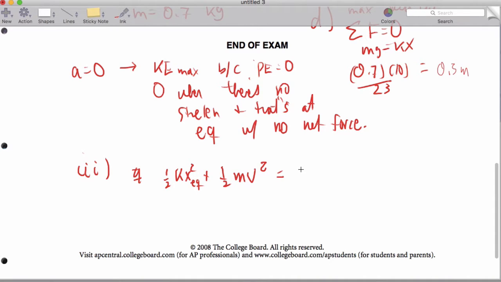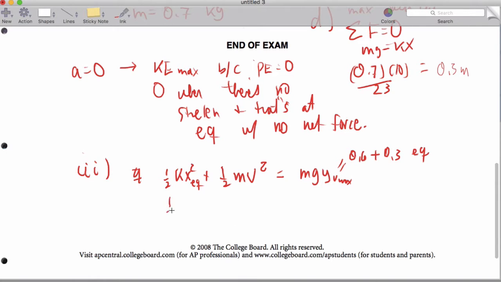And that's going to actually be mg times y at the v max, which is going to be the 0.6 unstretched plus the 0.3 of the equilibrium.